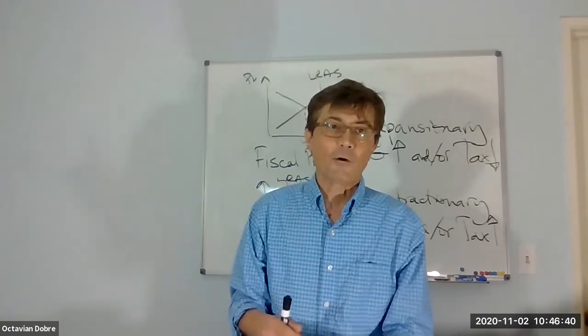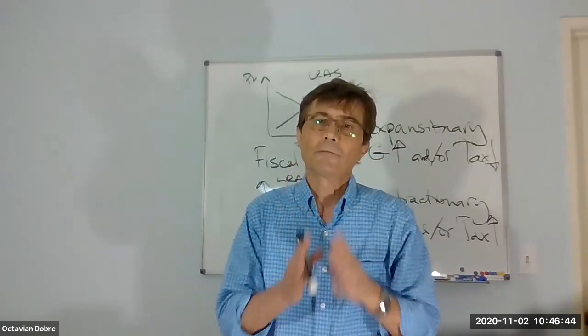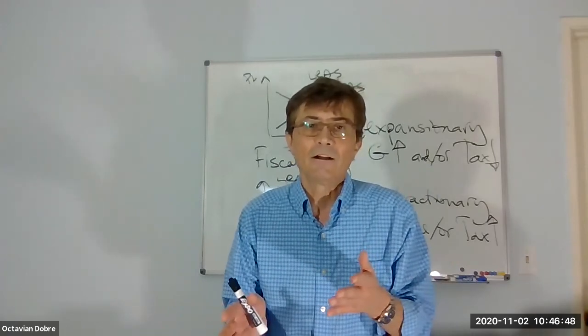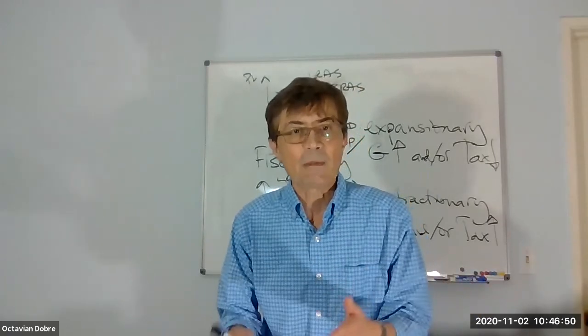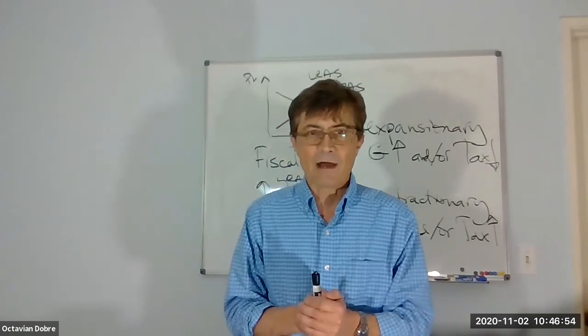In the classical model, we have the supply curve that is vertical. So any changes in aggregate demand will not impact the GDP, will not impact the economy, but will only impact the price level.